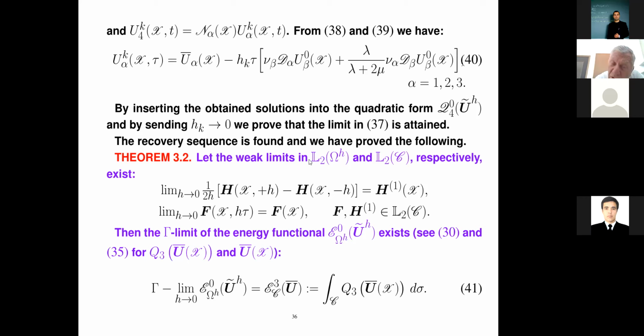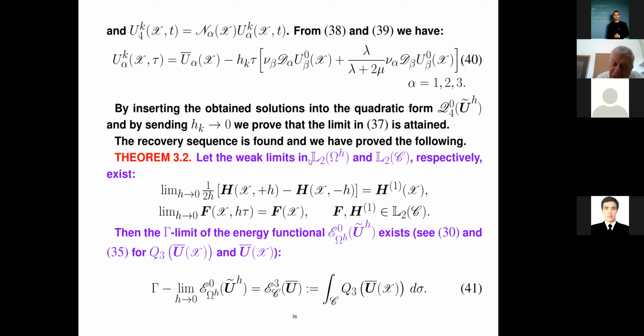Let the weak limit in L2 exist. These are the conditions which we need so that the gamma limit exists. These H's are functions which are given on the upper and lower surfaces. The difference divided by H should have a limit.